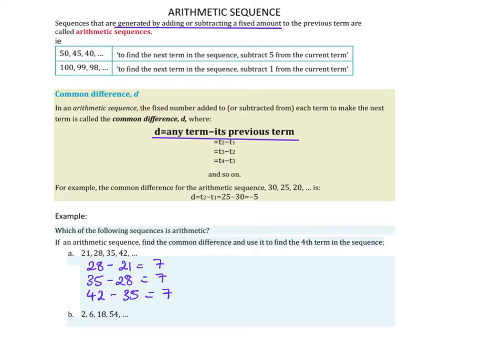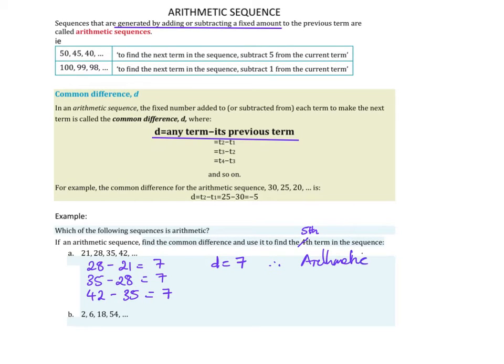So we've looked at every single combination there, and we can see that our common difference is 7. It is the same between all of the terms, and so therefore that is an arithmetic sequence.